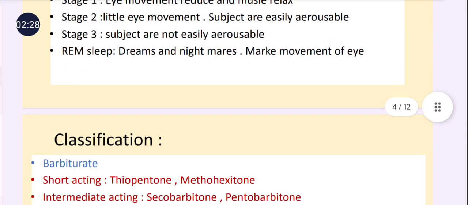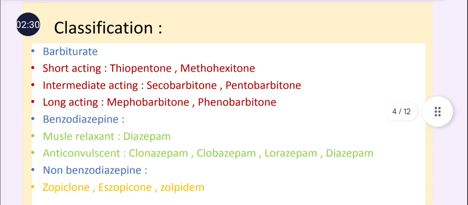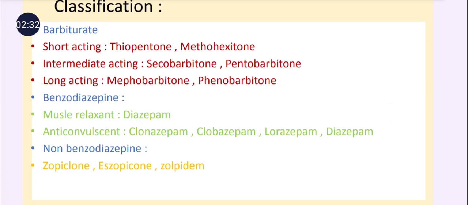Then about the classification of the drugs that are used to treat insomnia: barbiturates, benzodiazepines and non-benzodiazepines. These are the three main classes of drugs used to treat insomnia. Barbiturates are classified as short acting, intermediate acting and long acting barbiturates.